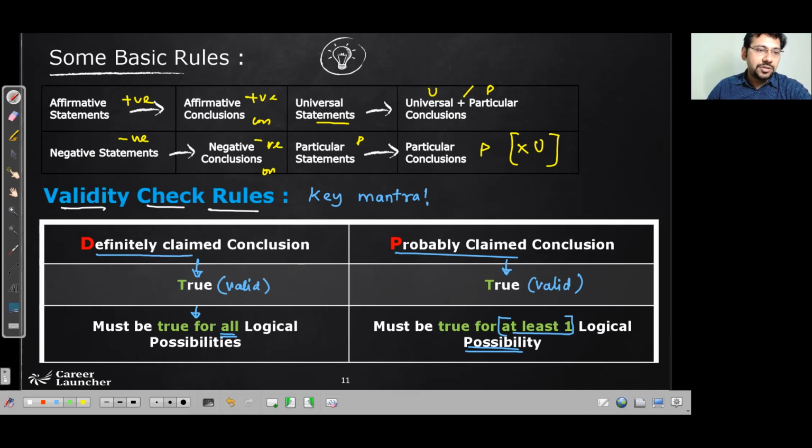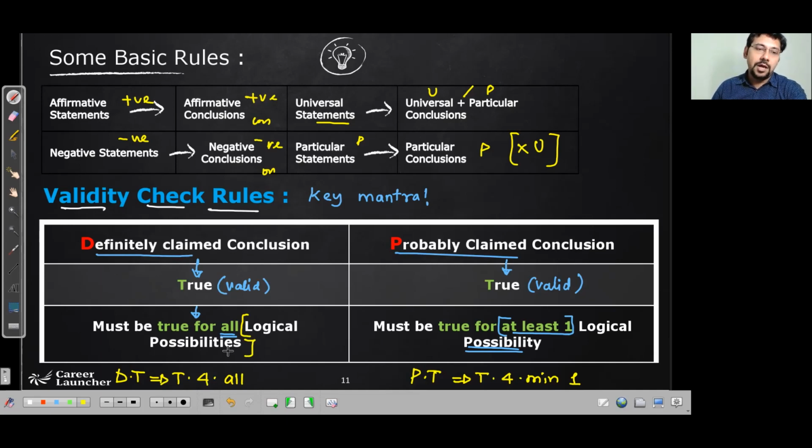In short, a mnemonic to remember this: if something is claimed to be definitely true, it is true for all. But if something is claimed to be probably true, it must be true for a minimum of one. What one? A minimum of one logical possibility. So what are logical possibilities? I've dealt with them separately.